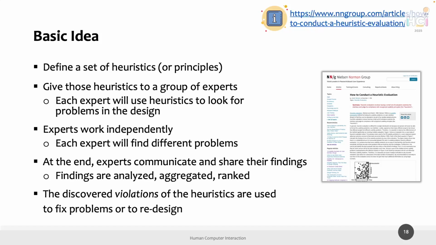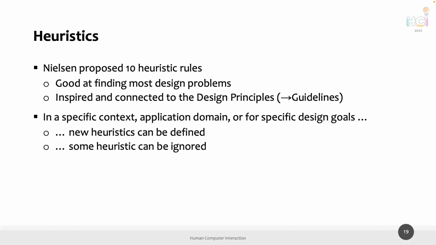So in a heuristic evaluation, you are looking for violations of existing heuristics. Okay? Nielsen proposed 10 heuristic rules, the ones that we are also going to use in the assignment three, that are good at finding most design problems. And of course, these heuristics are inspired by and really connected to the design principles, to the guidelines that you have already seen. So there is a lot of overlap with those principles.